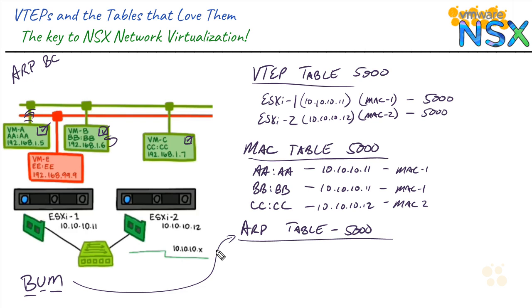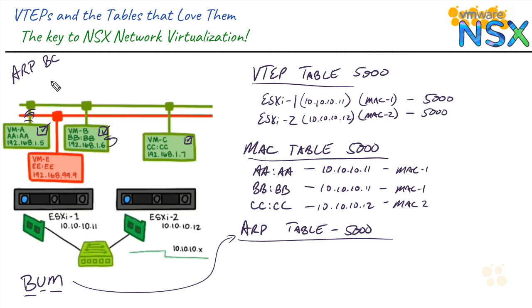If the answer is no, there's nothing in the ARP table to begin with, then ESXi1 will in fact have to forward that traffic on encapsulated and send it on to each of the other members of the logical switch. But NSX is smart enough to know that that's just one message per VTEP, not per virtual machine.